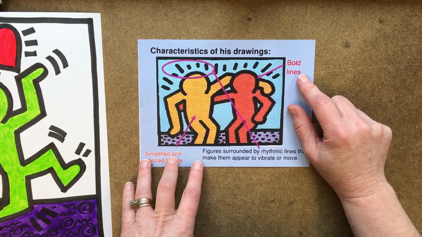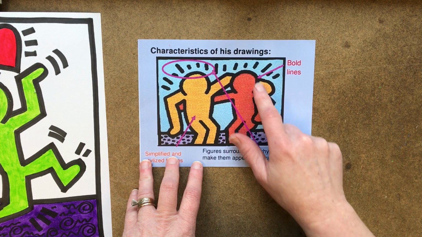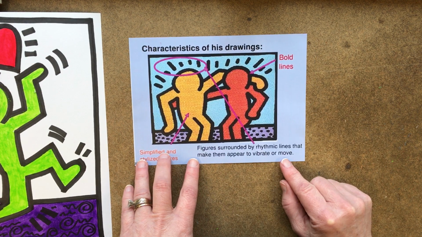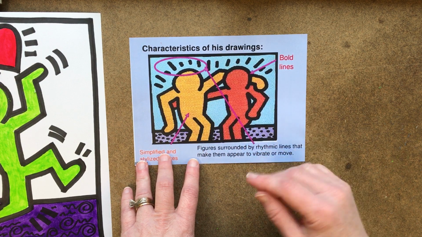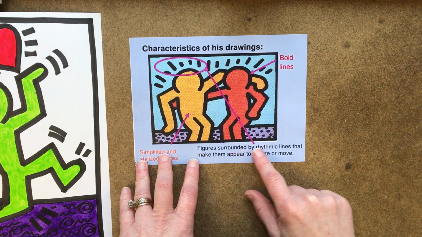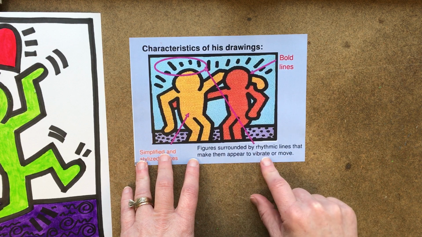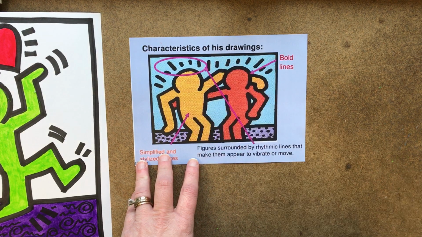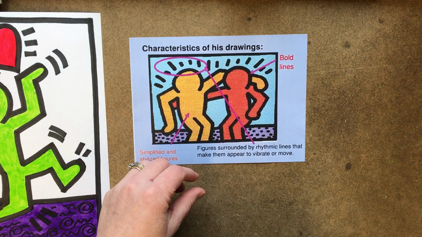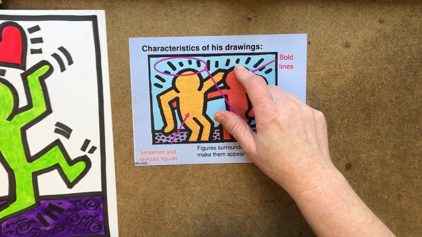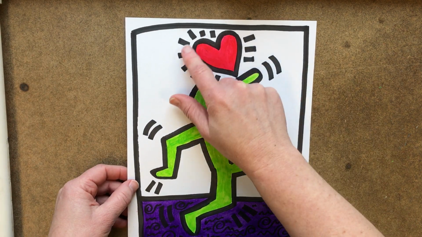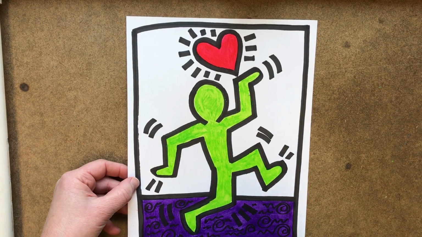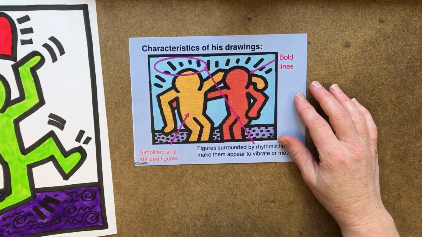Everything is surrounded by bold lines. And his figures and any subject in his drawings have rhythmic lines that make them appear to vibrate or move. They have lines in them that make them look like they're moving or exploding or giving expression to them.